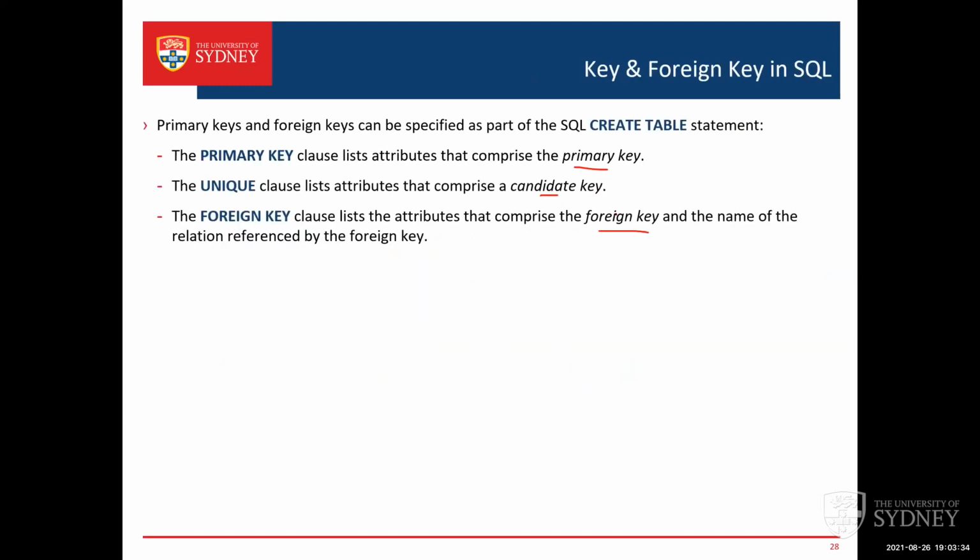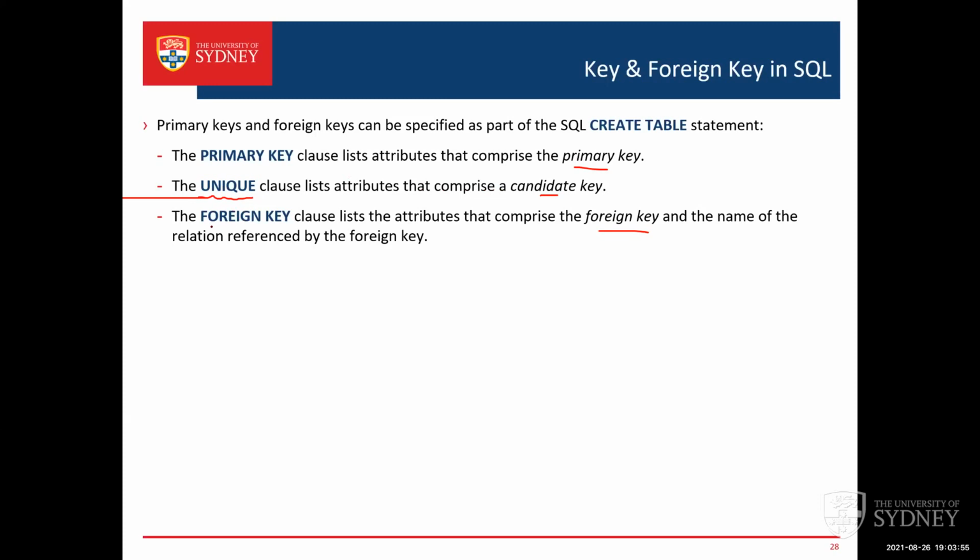Okay, so these three keys we are going to define: primary key, candidate key, and foreign key. For primary key and foreign key, we are going to write primary key and foreign key. That is the keyword. Unfortunately, for candidate key, we don't write candidate key. We have to write unique if we define something as a candidate key. So these three keywords we are going to use.